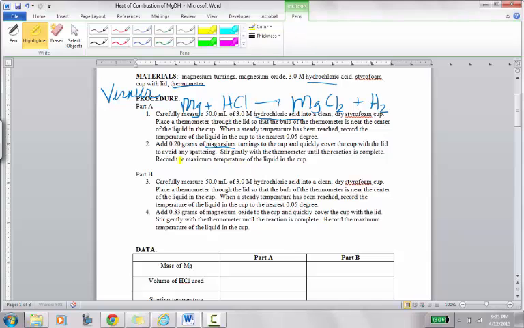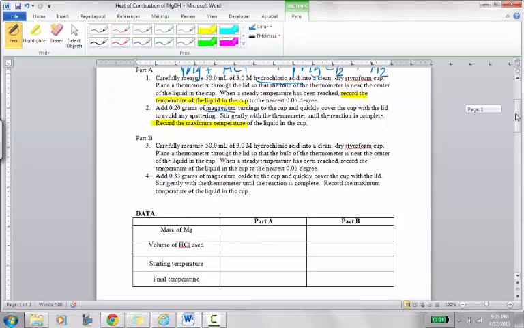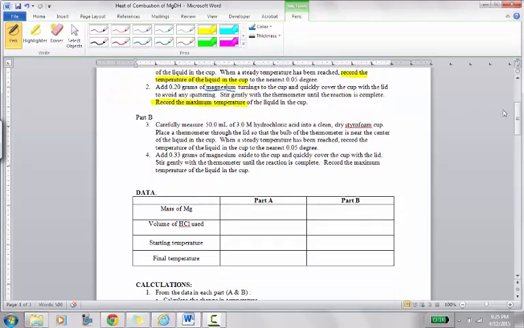So as you react the magnesium with the HCl, you'll have taken an initial temperature. Record the initial temperature to start, and then once the reaction is complete, record the maximum temperature so that you see how much the temperature changes as a result of that reaction. You record that data here for part A.